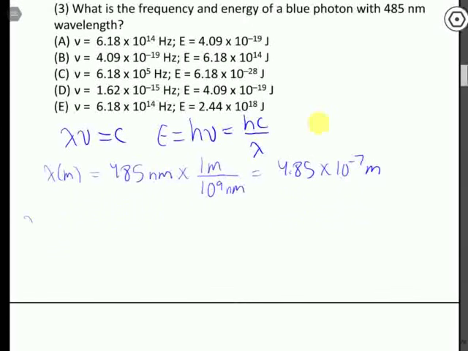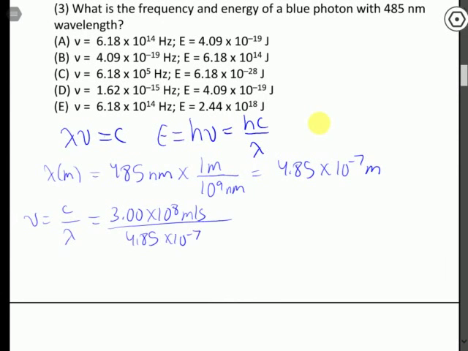If we solve for frequency, that's c divided by lambda. From the constant sheet, c is 3.0 times 10 to the 8th meters per second. Wavelength in meters is 4.85 times 10 to the minus 7. So what we get here is 6.18 times 10 to the 14 hertz.